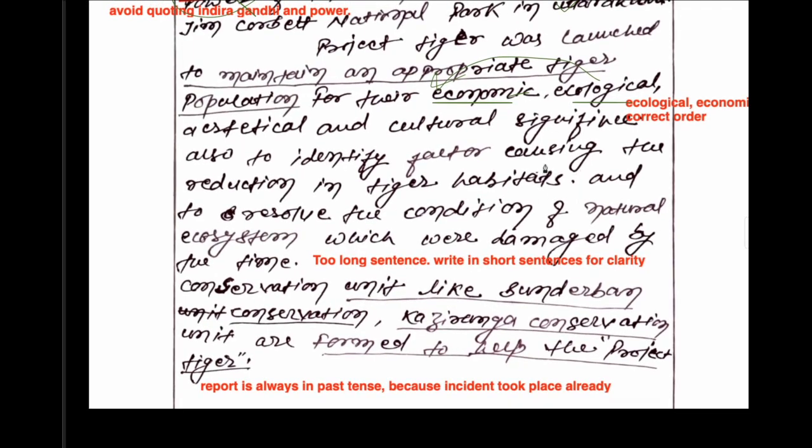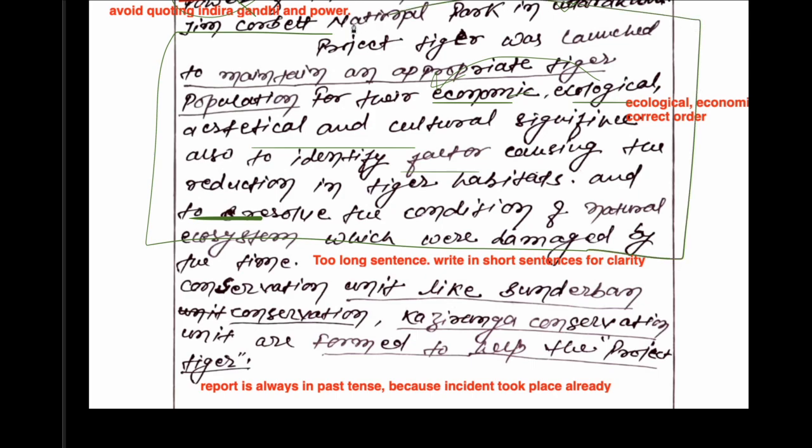Then another thing here, you see, Project Tiger started also to identify and to restore condition natural to time. This entire paragraph of about 70 words is within one sentence. He has not changed the sentence. He has used "and" and "for". He has used connecting verbs to add things; he could have easily written three to four sentences in this, but no, he's writing too long.